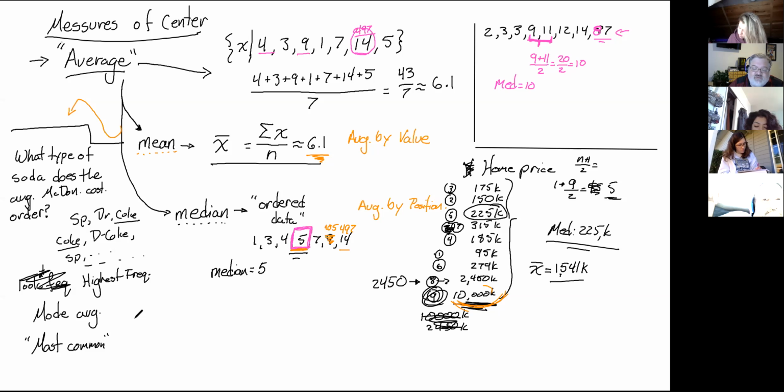Now, sometimes there isn't a particular data point that has a really high frequency, or there isn't a particular value that is significantly higher or even higher at all than the other values. Like this list here, no value on this list comes up any more often than any other value. So it wouldn't have a mode. That's okay. Some lists just don't have modes.